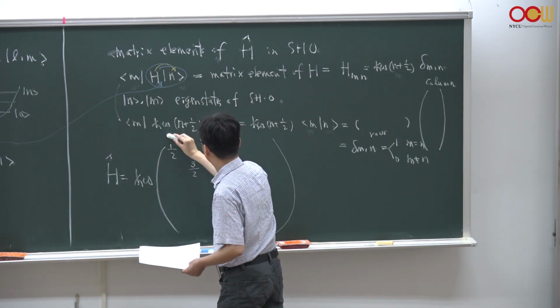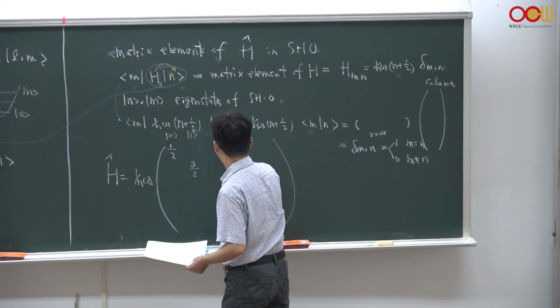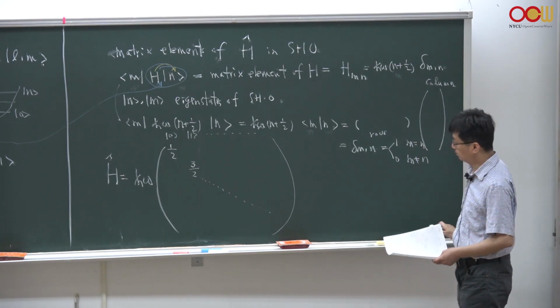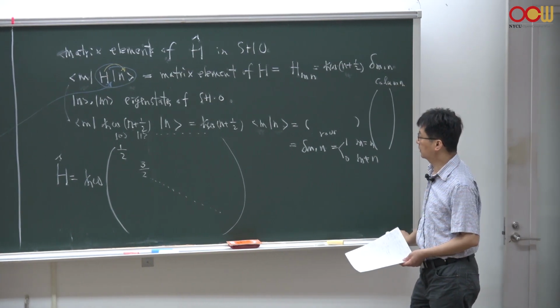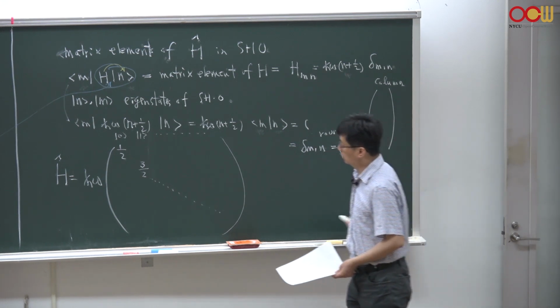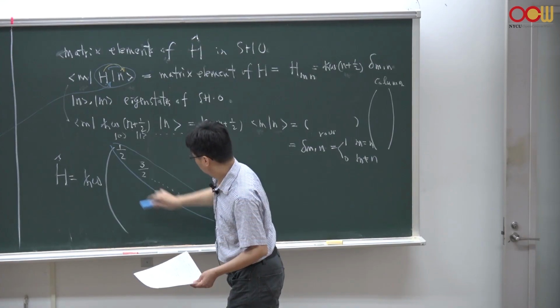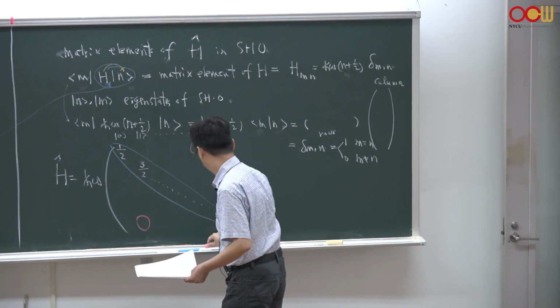This is the ground state, and this is the first excited state, and so on and so forth. So only the diagonal direction shows finite value, where these values are nothing but the eigenenergies. And all the other matrix elements are 0 because of the orthogonal and normalization condition.